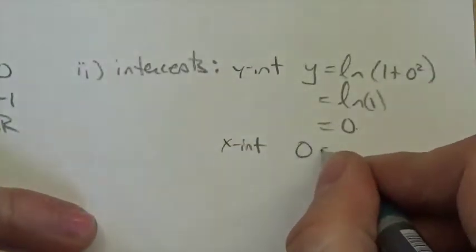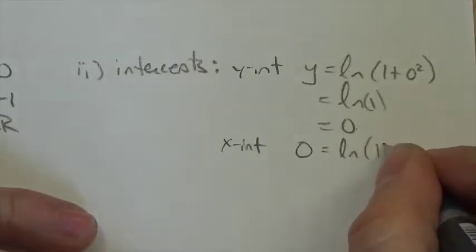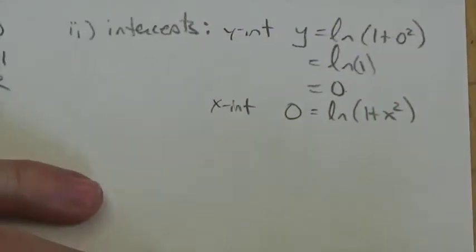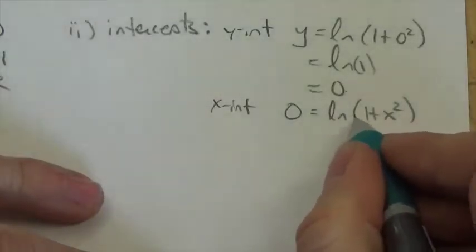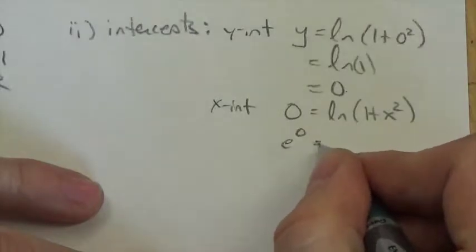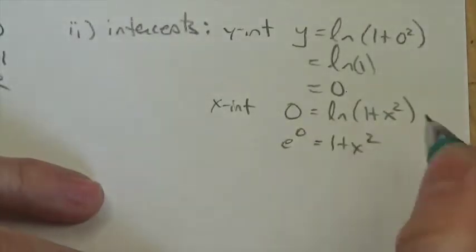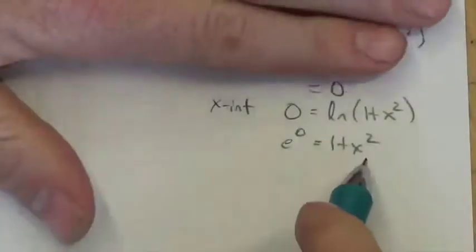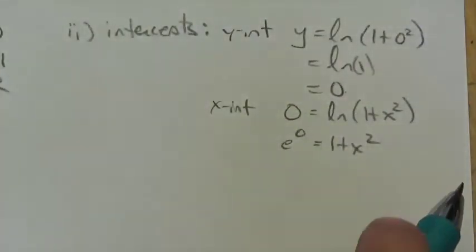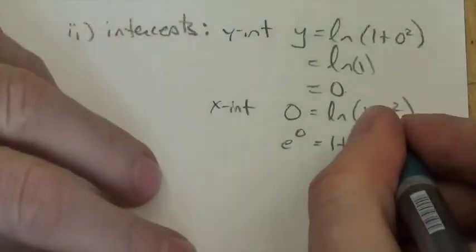Now let's try the x-intercept. I'm going to let y go to 0. So 0 is equal to the natural log of 1 plus x squared. Now, the base of the logarithm here is e, so this becomes e to the 0 is equal to 1 plus x squared, because this essentially becomes a logarithmic equation. To solve a logarithmic equation, I want to get rid of the logarithm, and I do that by converting forms.